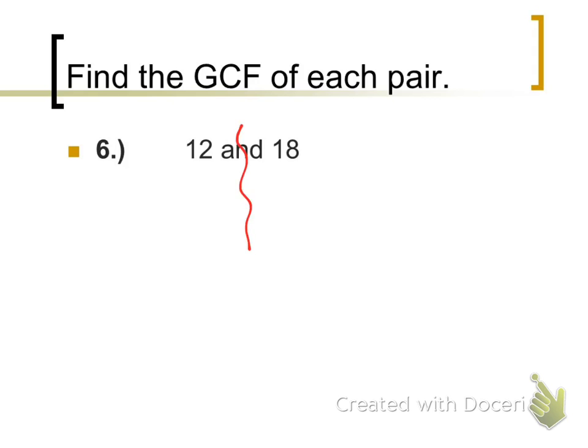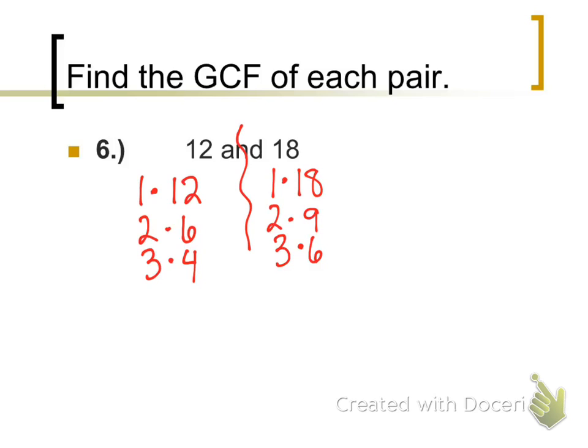So if I'm making my list for 12, I would have 1 times 12, 2 times 6, 3 times 4. Do I need to keep going? No, because then I'll just circle back to 4. So there's that list. For 18, I have 1 times 18, 2 times 9, 3 times. Can I use 4?